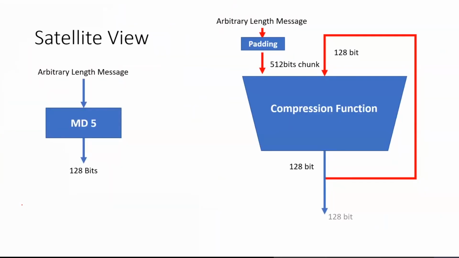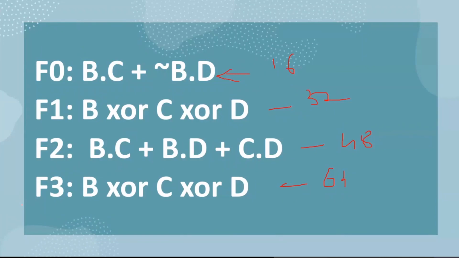My function will be B and C, or not B and D. A dot is represented by and, a plus sign represents or, and a tilde sign represents not.